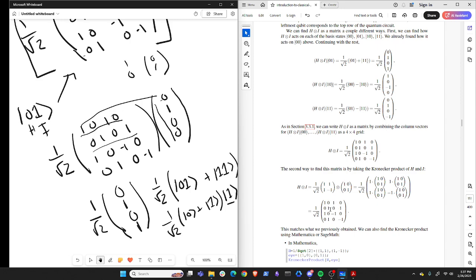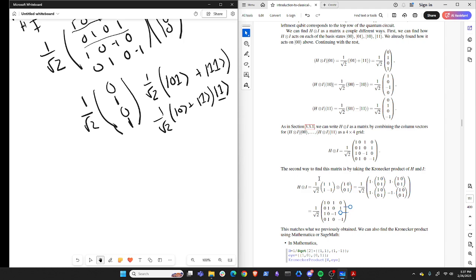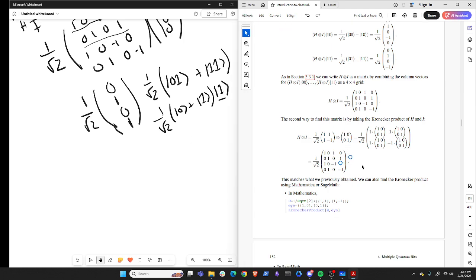matrix forms. We can do it with the way they did it up here, where we know what happens when we apply it to the gate, so we do it sort of shorthand there by just writing out the kets. I prefer the matrix notation because you can solve any gate problem as long as you know the matrix representations.